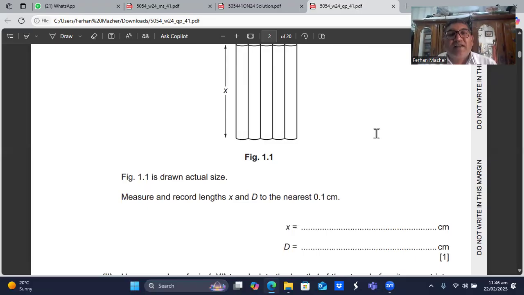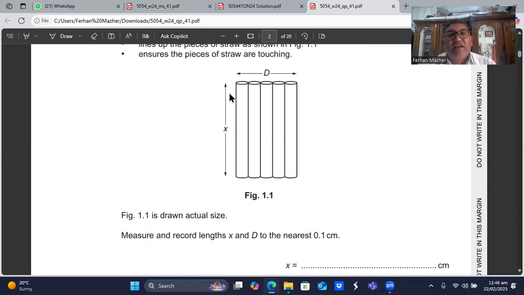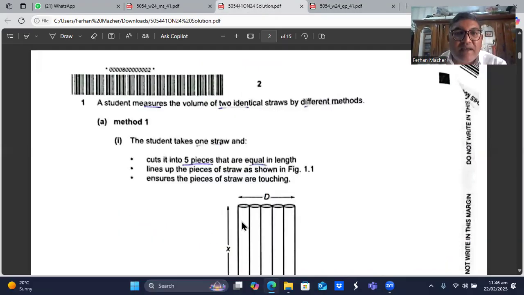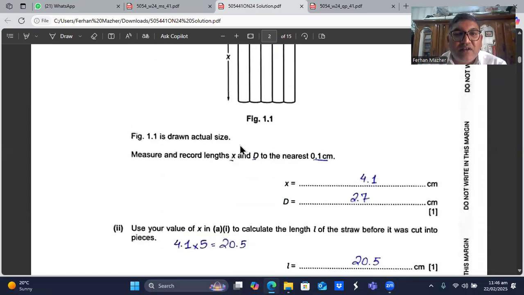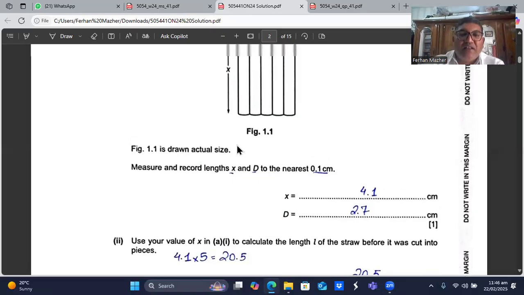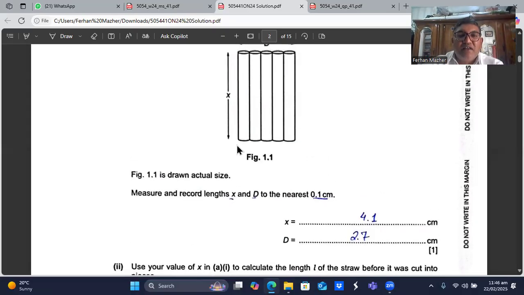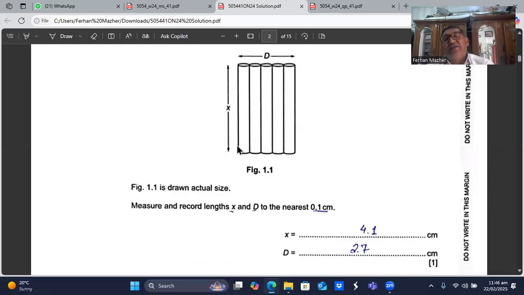You can see here X is this length and D is this length. So with the help of the scale, I measure these lengths and record them. We measured them: the length X is 4.1 and the length D is 2.7.